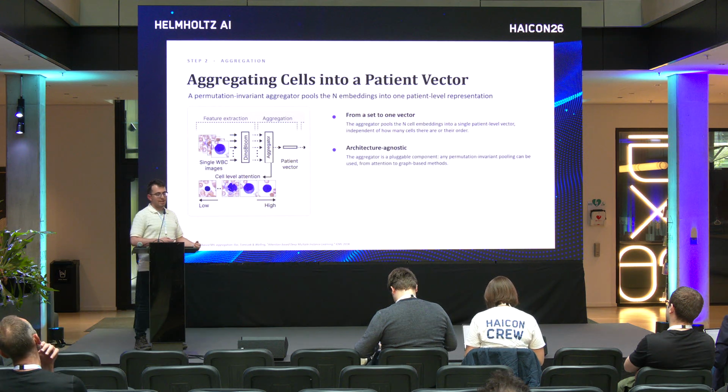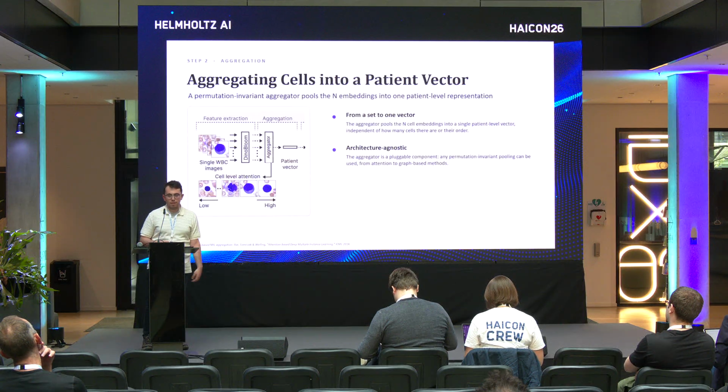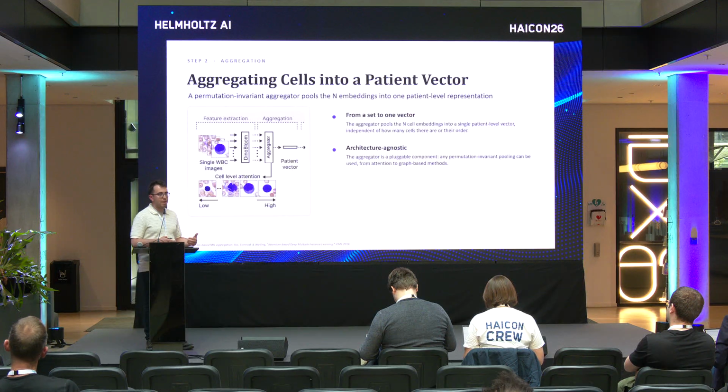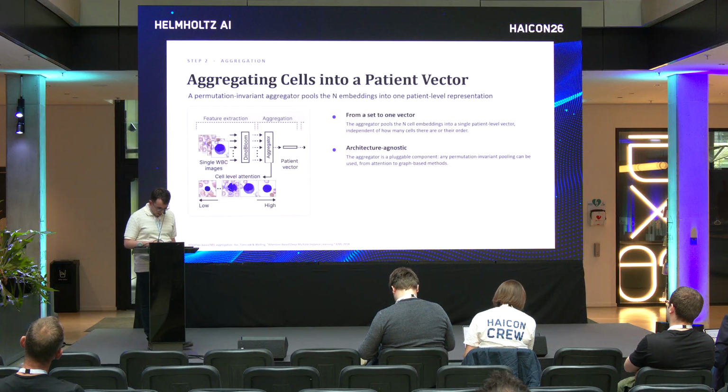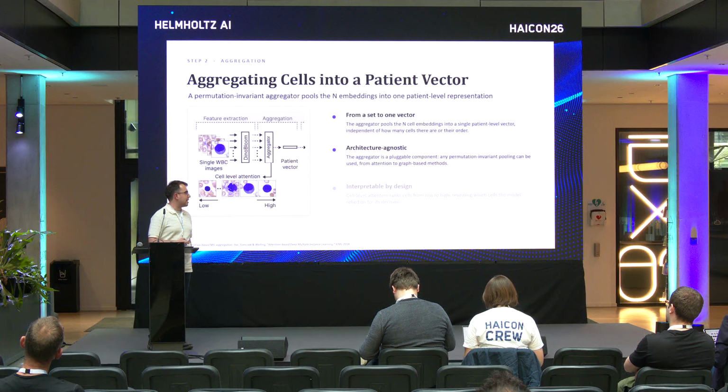To do so, the simplest thing is to just take the mean, but it's not the optimal one, because the pathological cells can be hidden among a lot of redundant healthy cells, or the thing that decides the diagnosis could be the distribution, not the existence of the cells.